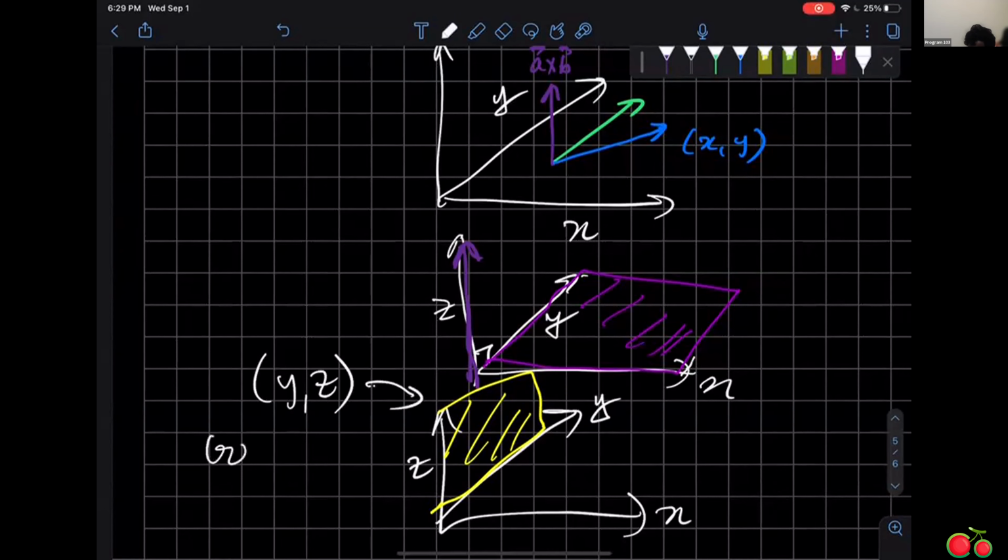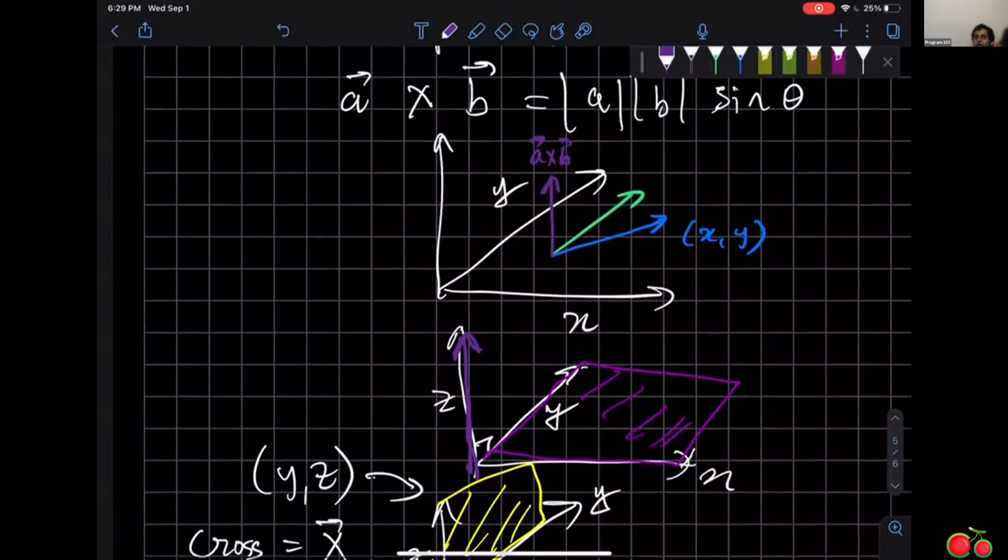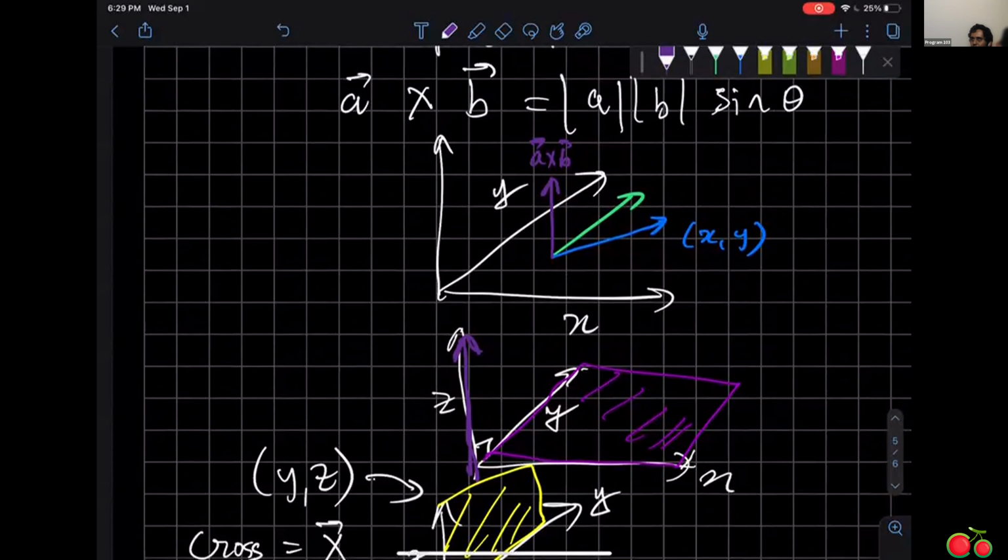Then my cross product will be in the X direction. It's essentially perpendicular to the plane where your vectors lie.